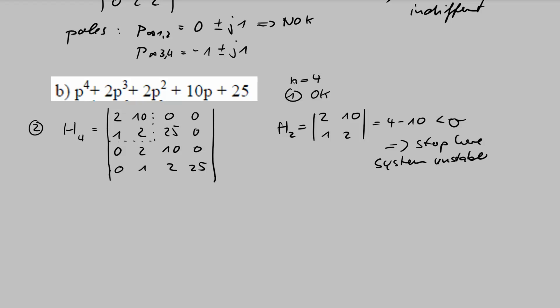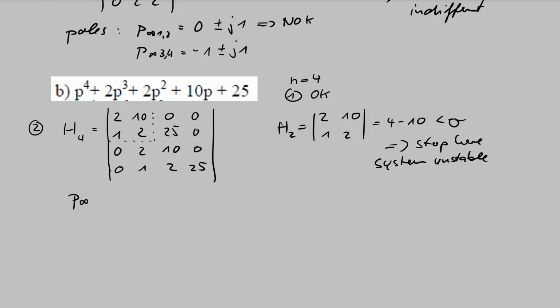You see, there is no need to calculate H3, no need to calculate H4, because H2 violates the Hurwitz condition, and that means if one condition is violated, the system is unstable. We can stop here.